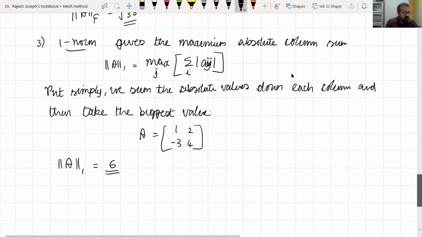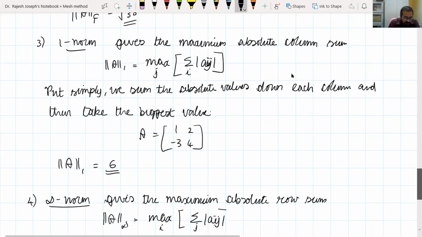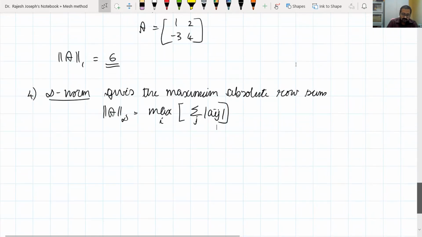Now we have what is called the infinity norm. The infinity norm gives the maximum absolute row sum. That means the infinity norm is defined like this: maximum over i of sigma over j of mod a_ij.